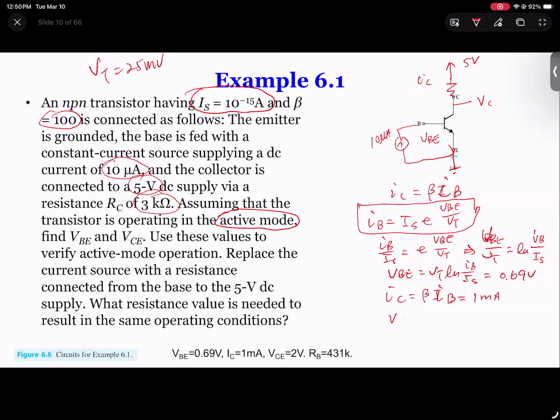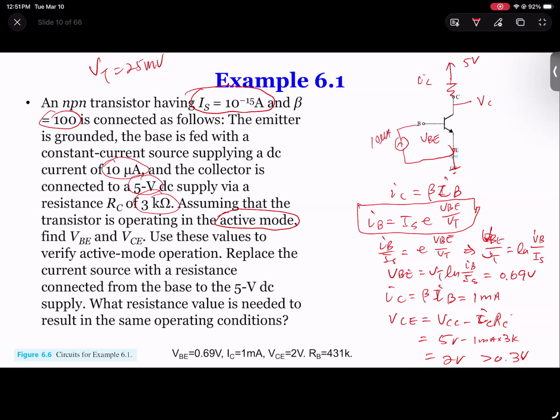Now we can find VCE, because VCE is VCC minus IC times RC. And VCC is 5 volts minus, how many? 3K. So 1 milliamp times 3K, that gives what? 2 volt. So this is larger than 0.3 volts.